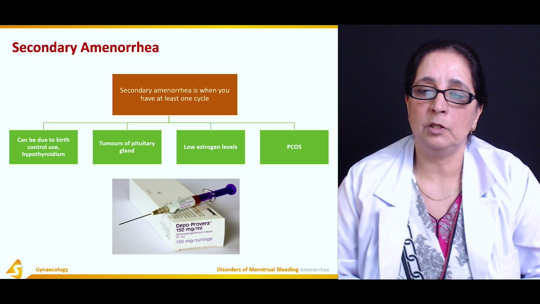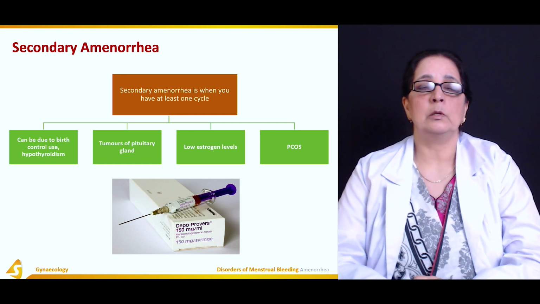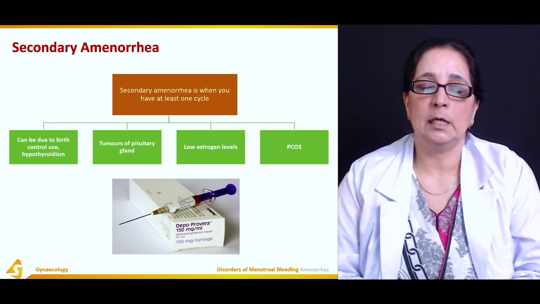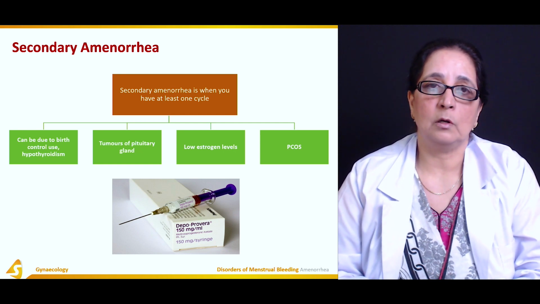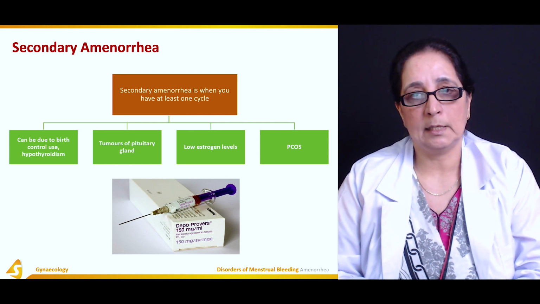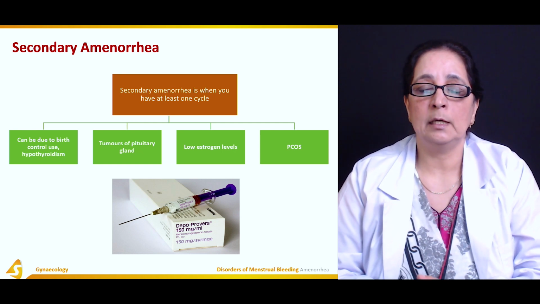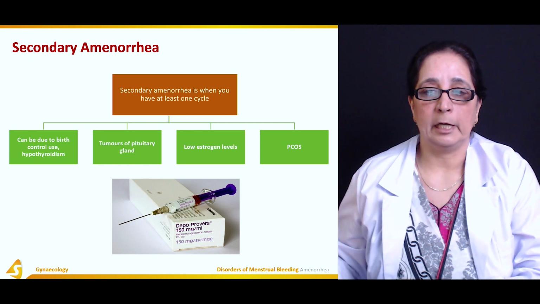All these features are due to high androgen levels. So polycystic ovarian syndrome also leads to infertility and amenorrhea. All these are very common causes of secondary amenorrhea and need to be investigated and treated properly to avoid any further complications.